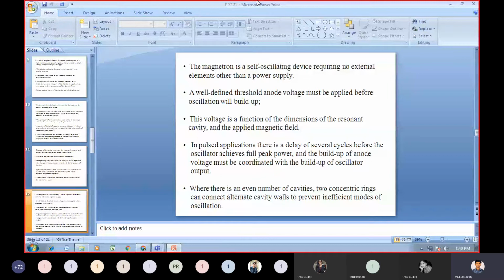two concentric rings can connect alternate cavity walls to prevent inefficient modes of oscillation.